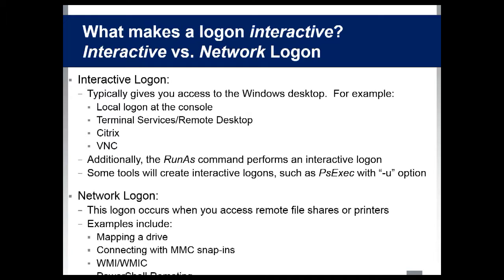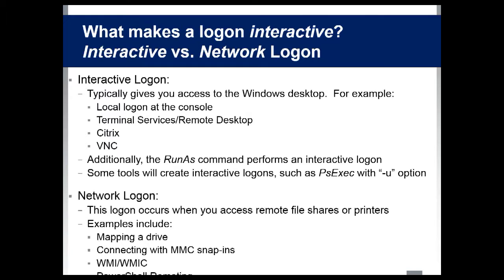So what is the safe way to do it? The safe way to do it is with a network logon. A network logon, on the other hand, is one that typically is over file and print type CIFS style connections, or MSRPC type connections with WMI, WMIC, and even PowerShell remoting, which is over the WSMAN protocol.